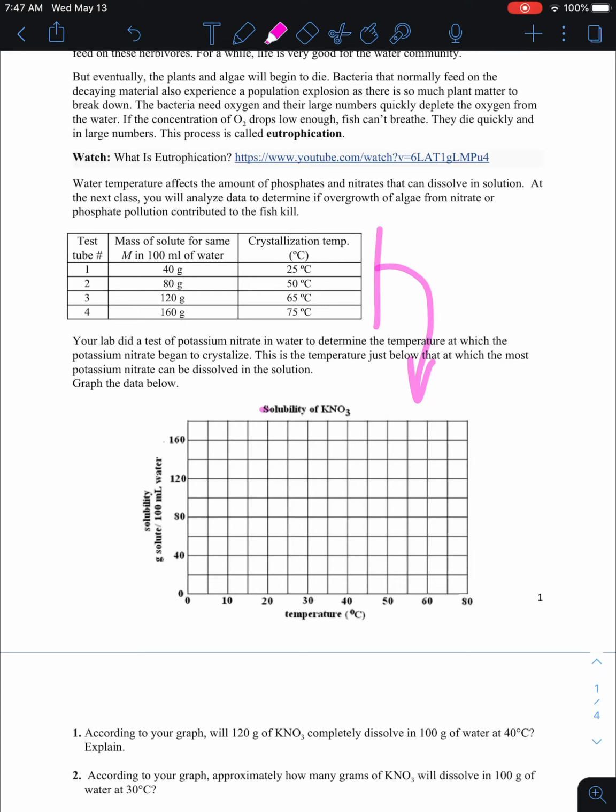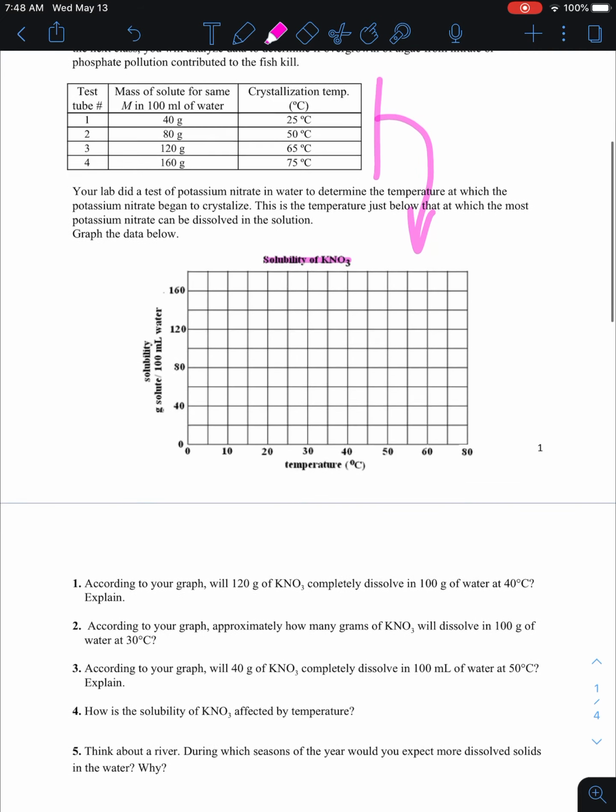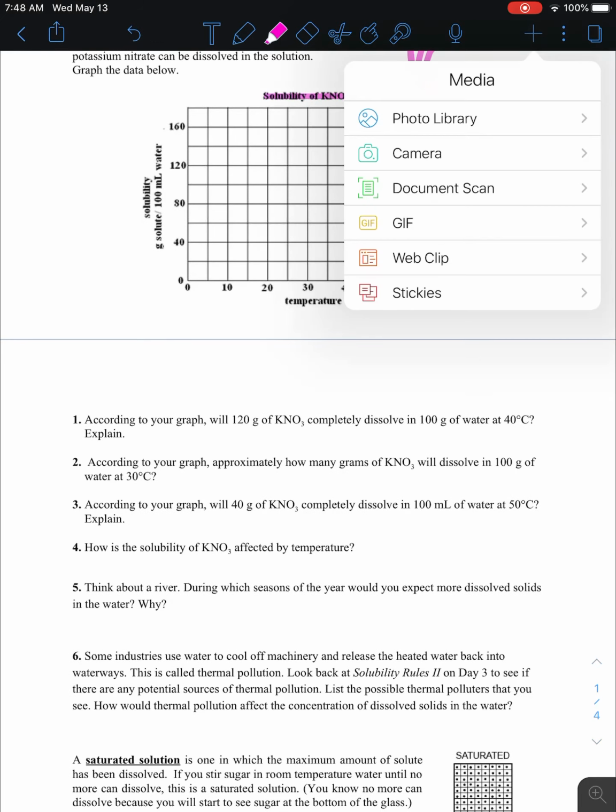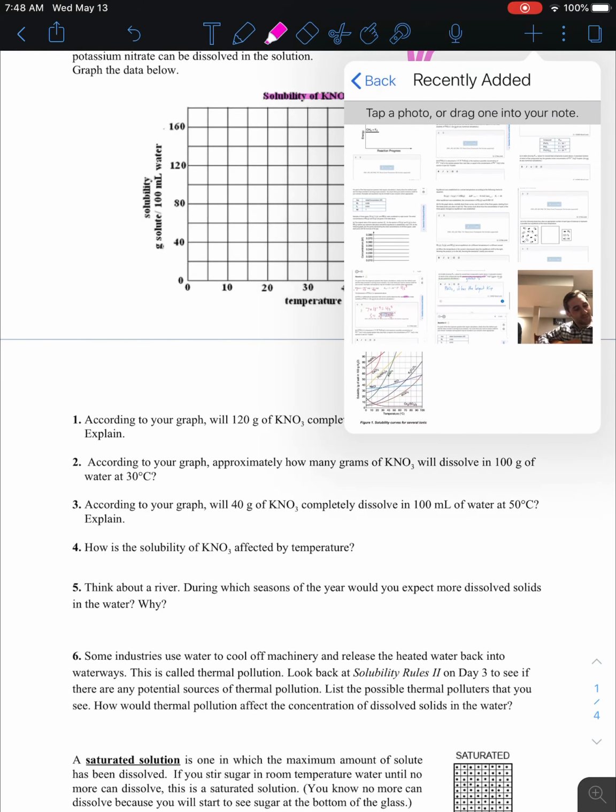This is going to be the solubility of potassium nitrate, but let's take a look at one that has a bunch of different salts on it. Okay, so let's focus in on two different salts.